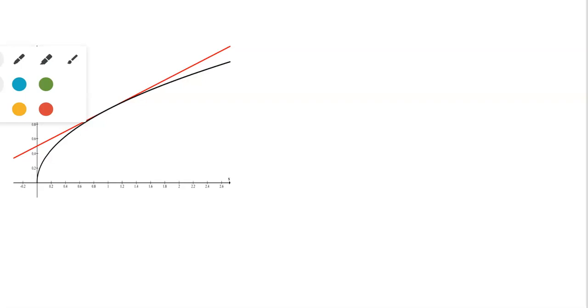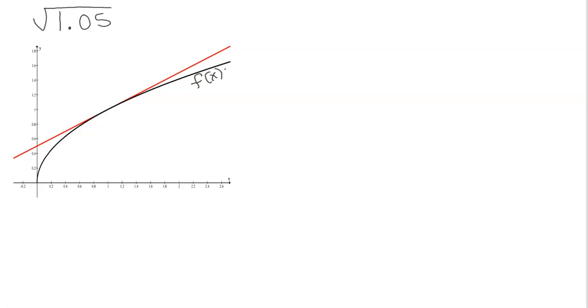This is L14 Practice. In this problem, we want to use linear approximation to approximate the value of square root of 1.05. In order to approximate square root of 1.05, the function that we are looking at is square root of x.